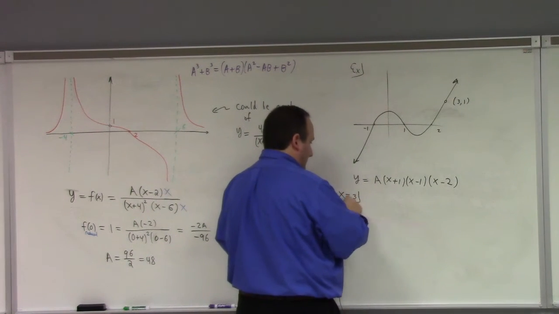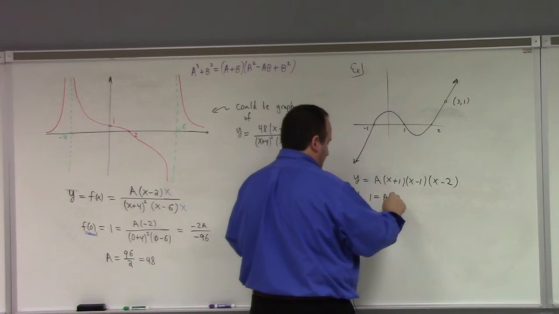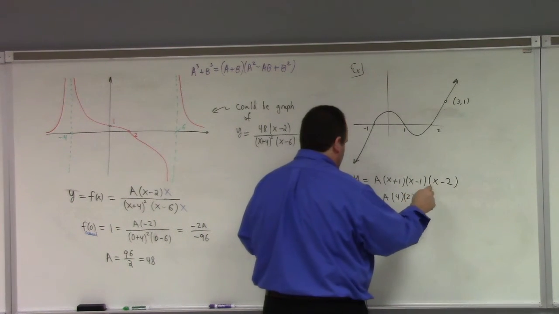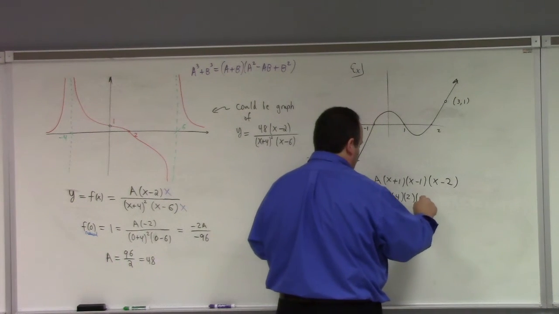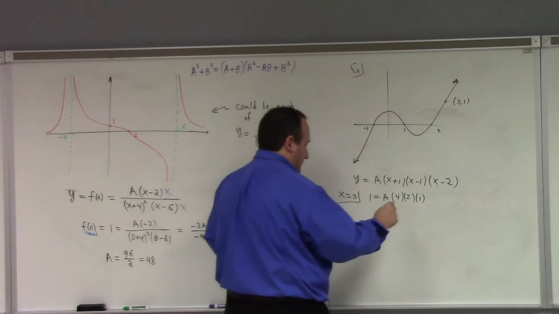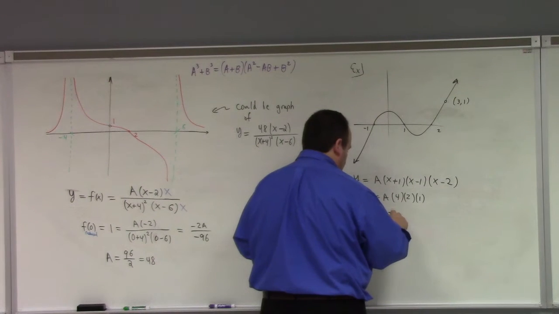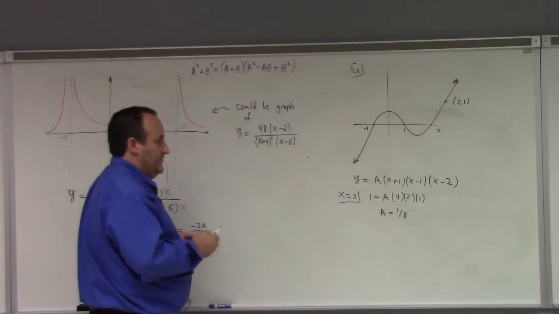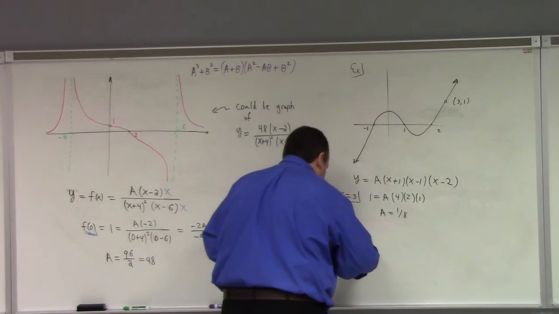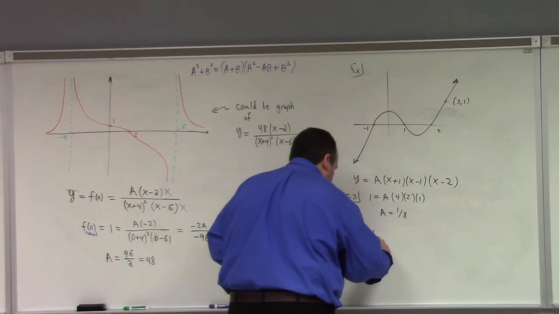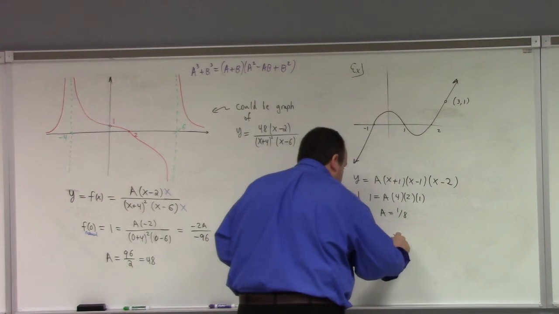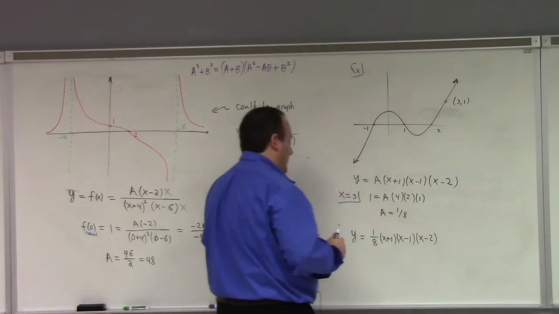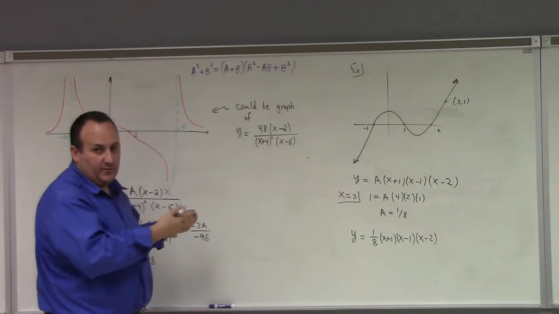We got 1 is a times 4, since 3 minus 1 is 2 and 3 minus 2 is 1. So apparently I would just choose a equal to 1/8. So y equals 1/8 times x plus 1, x minus 1, x minus 2. That would give me the cubic without the hole.